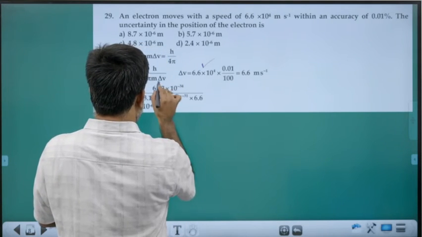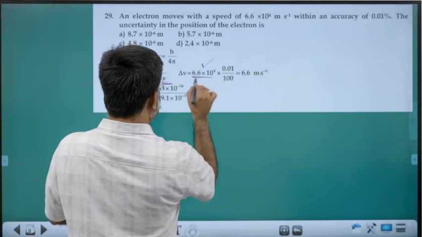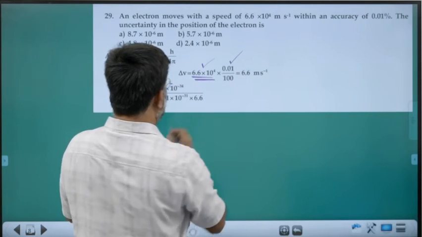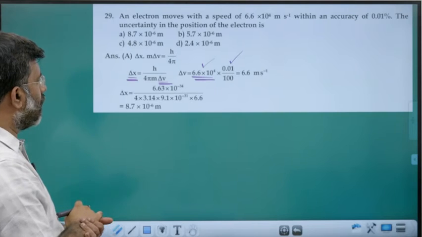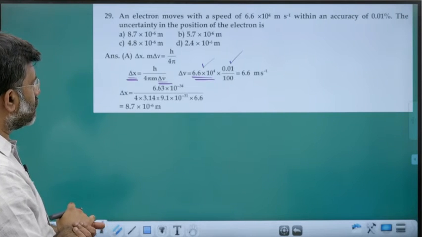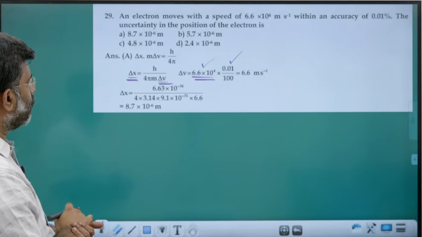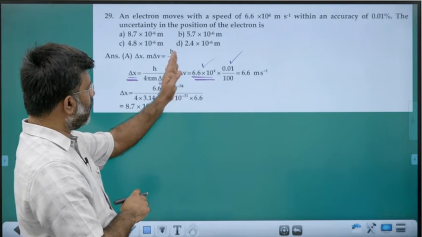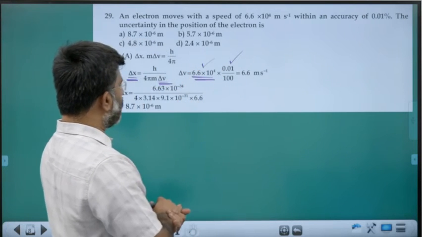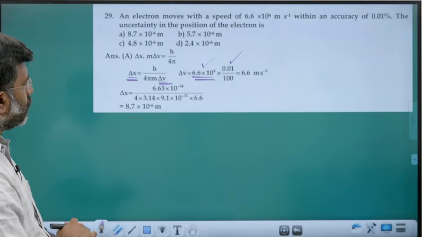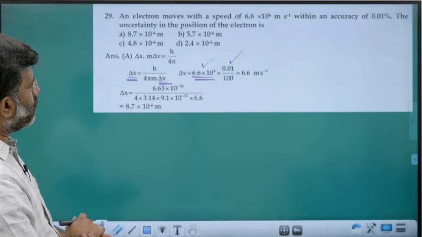Delta v is calculated here. This is the velocity, and an accuracy of 0.01 percentage means 0.01 by 100. That is the accuracy limit. So delta v will be the velocity into the accuracy limit: 6.6 into 10 power 4 into 0.01 by 100.